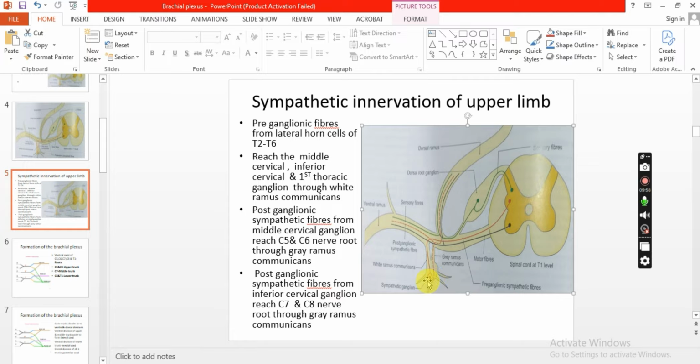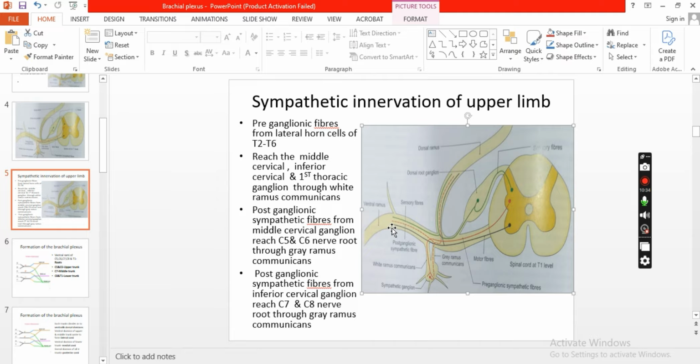Here the synapse occurs, and the postganglionic fibers pass through the gray ramus communicans to reach the nerve root again, reaching the trunk of the spinal nerve, where they partially go into the ventral ramus and partially to the dorsal ramus to reach the skin, where they supply the wall of the blood vessels, the sweat glands, and the arrector pili muscles.